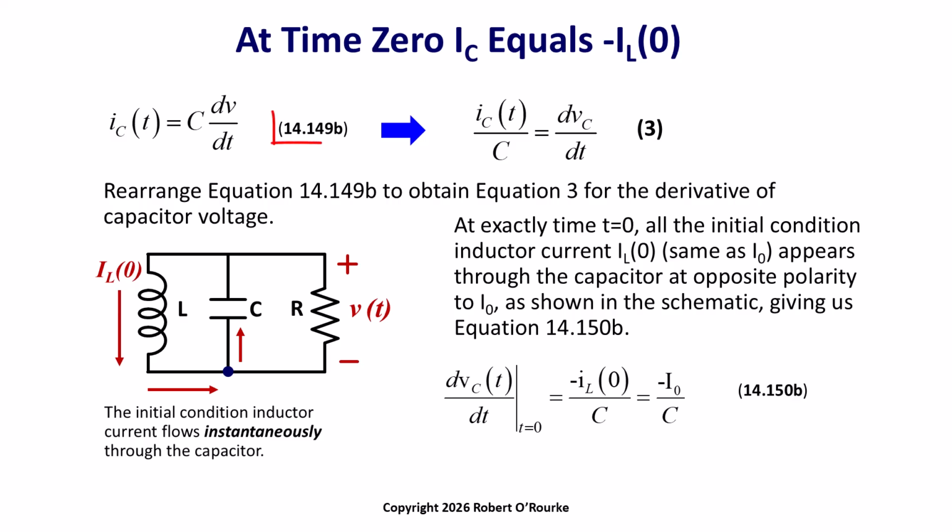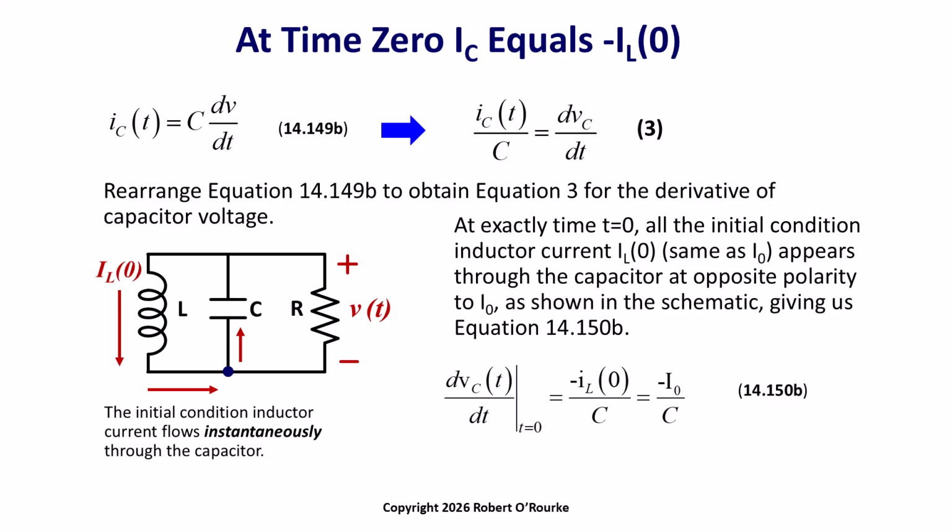Rearrange equation 14.149b to isolate the derivative as shown in equation 3. Knowing that all the initial condition instantaneous inductor current flows into the capacitor, equation 3 leads to equation 14.150b for the derivative of the capacitor current evaluated at time zero.